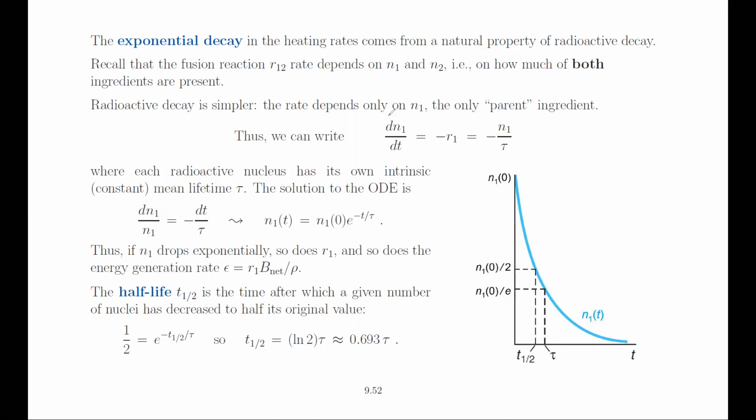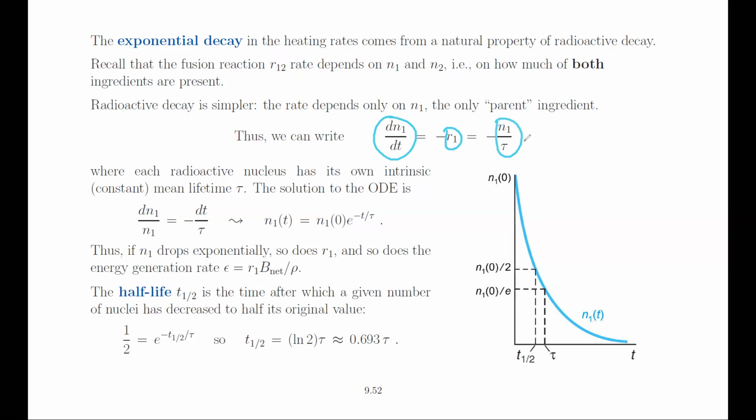And we can write these rate equations like we did, right? The time rate of change of the concentration, the number density of that species. Well, if it's going down with time, the rate is going to be a negative number, minus some rate. And that rate itself has to depend on N1. So it's N1 times a constant.